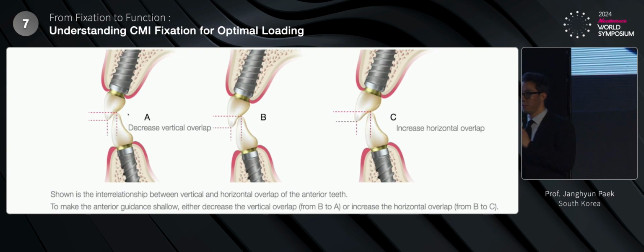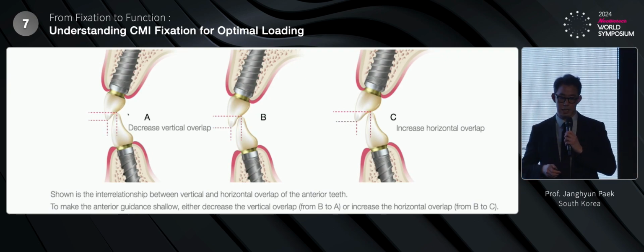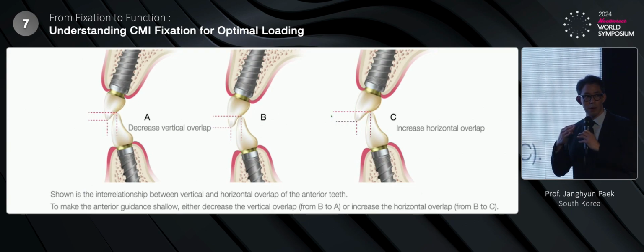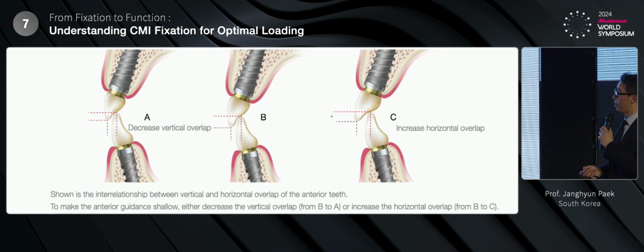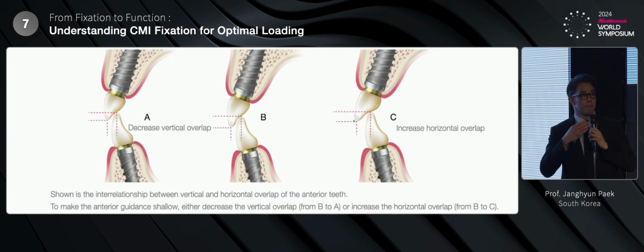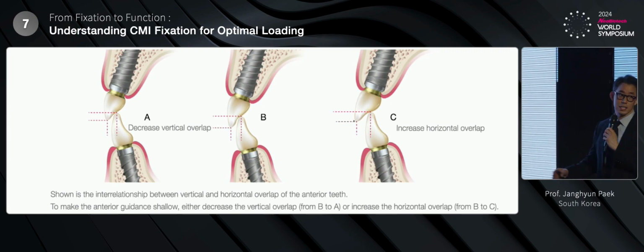Not only in single implant cases, but also in multiple implant cases, like full cases or partial cases, we have to make the shallow anterior guidance by decreasing the vertical overlap. Or we can make the shallow anterior guidance by providing more horizontal overlap. So how do we make a big horizontal overlap? We can make our anterior teeth a little bit out to labial or a little bit out to buccal. So that will make our anterior guidance more shallow.